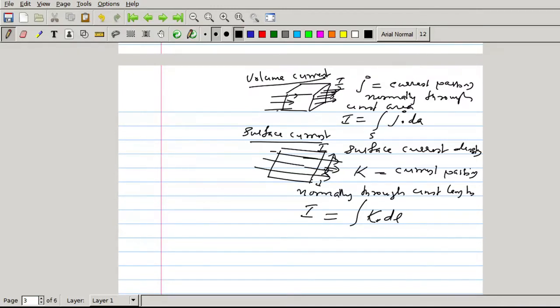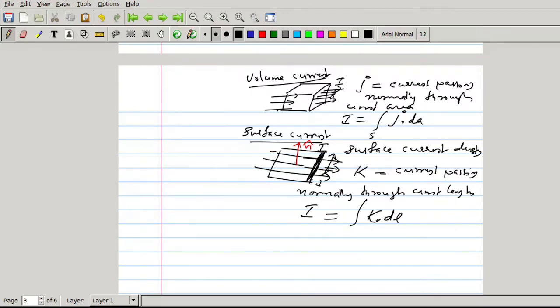Actually, the current is passing normally through the length L. If I take a unit vector perpendicular to the surface as N, then find K cross N.